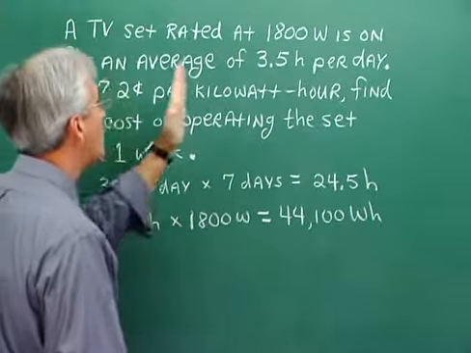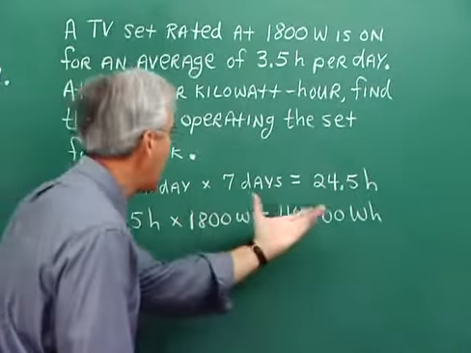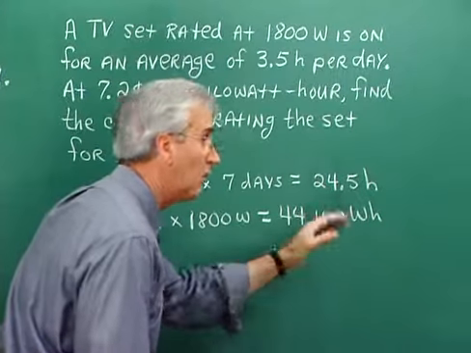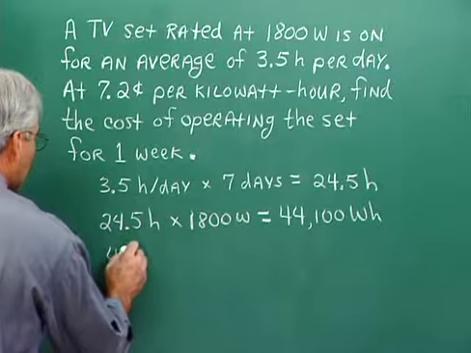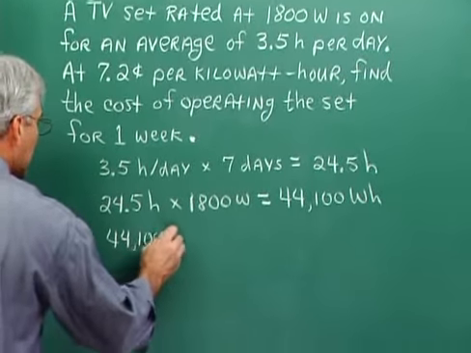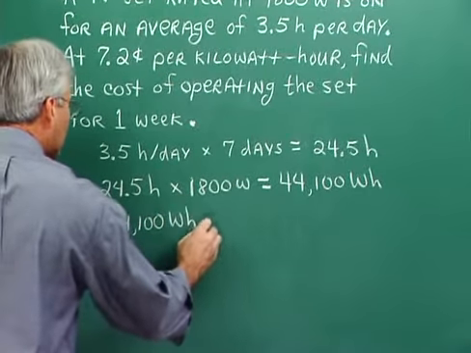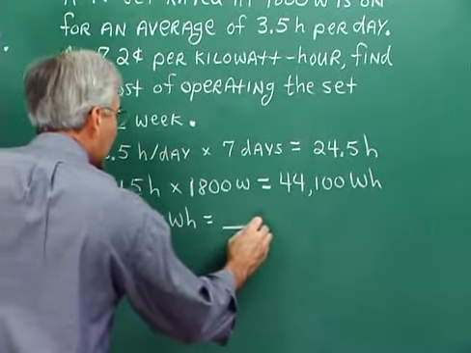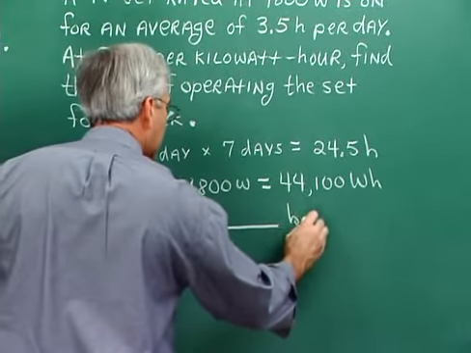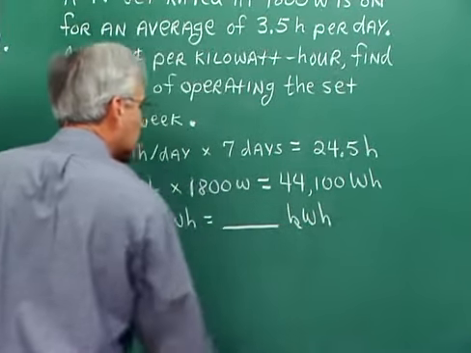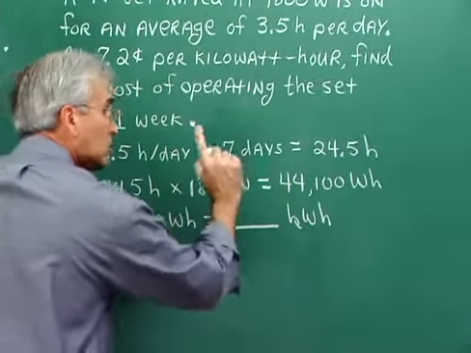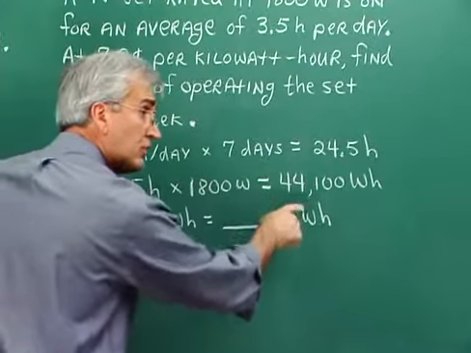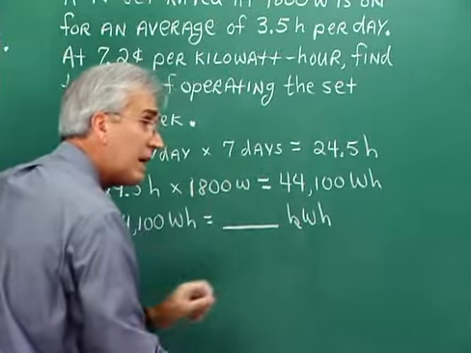Now, the cost of energy, though, is in terms of kilowatt hours. It's a cost per kilowatt hour. But we have a bunch of watt hours here. Well, we can convert this to kilowatt hours. 44,100 watt hours is how many kilowatt hours, you see. We're changing from a smaller unit into a larger unit, going to a larger unit, fewer of them, divide to get fewer.